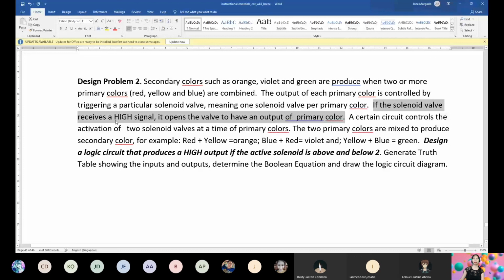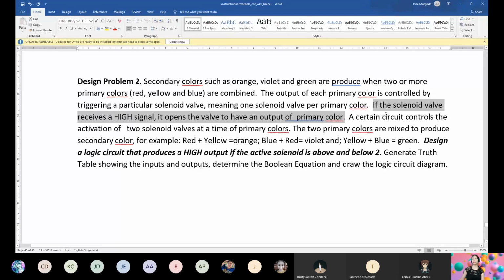So sabi natin, pag ang input natin is 0, that means that the valve is closed or open? Close, or off. Okay. High signal, logic 1, open. Okay. High signal sa logic 1, open siya.